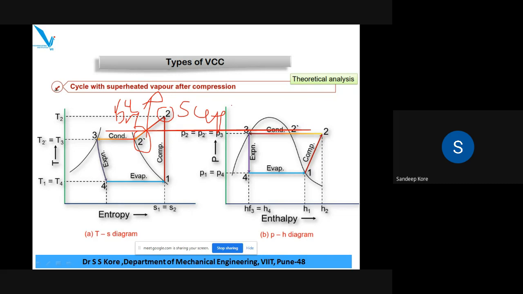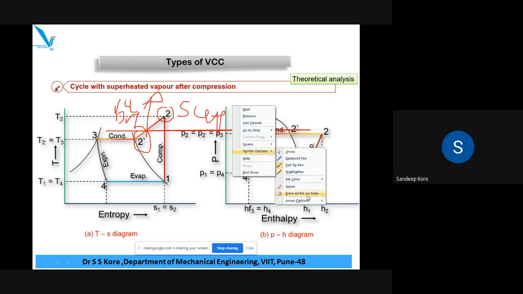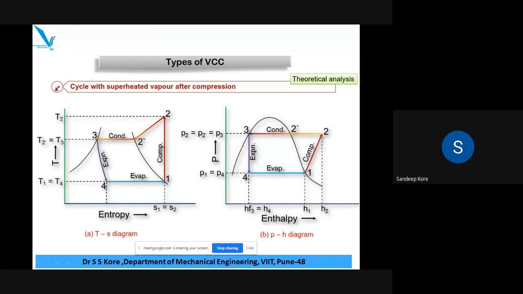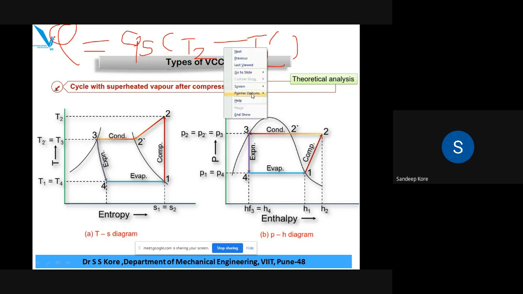Now how to find the amount of heat rejected to the cooling medium? It can be found as Q equals Cp of the superheated vapor times (T2 minus T2 dash). This is the amount of heat rejected by the superheated vapor to the cooling medium to convert it into dry saturated vapor. So 2 dash lies on the saturation curve.